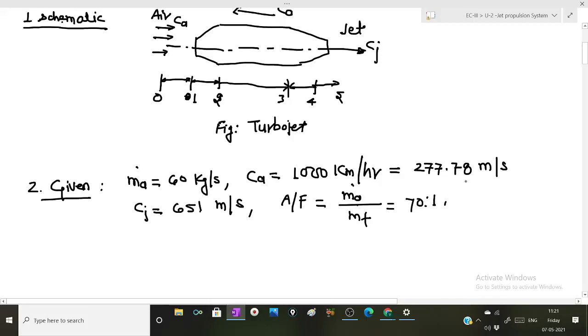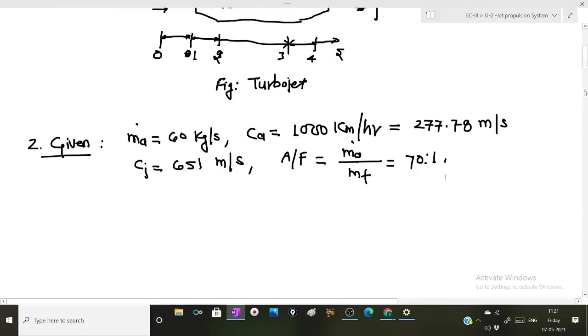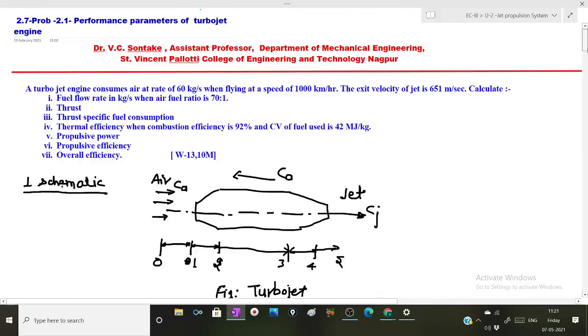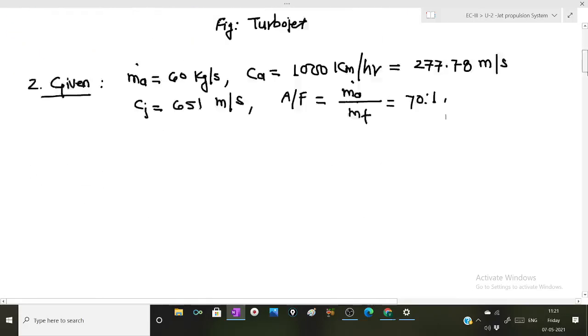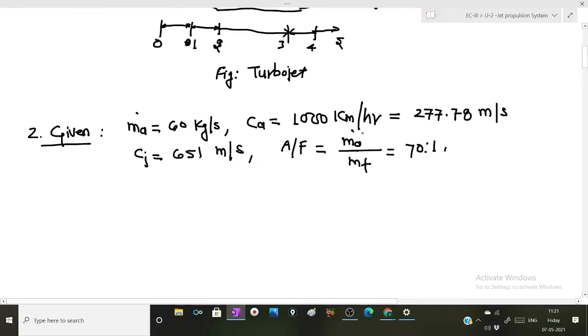Then combustion efficiency is given as 92%, and calorific value of fuel is given as 42 megajoule per kg.